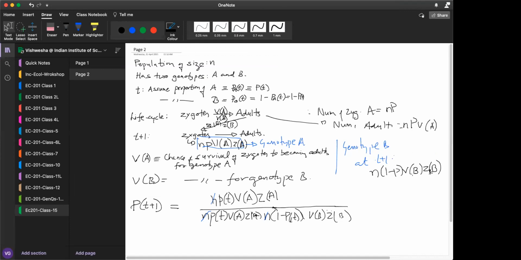Ultimately, if you're looking only at the reproducing population, there are the adults of the previous generation, and after that they give rise to zygotes. Those zygotes that survive turn out to be another set of reproductively fit adults, right? So, can't we essentially merge the V and Z terms?